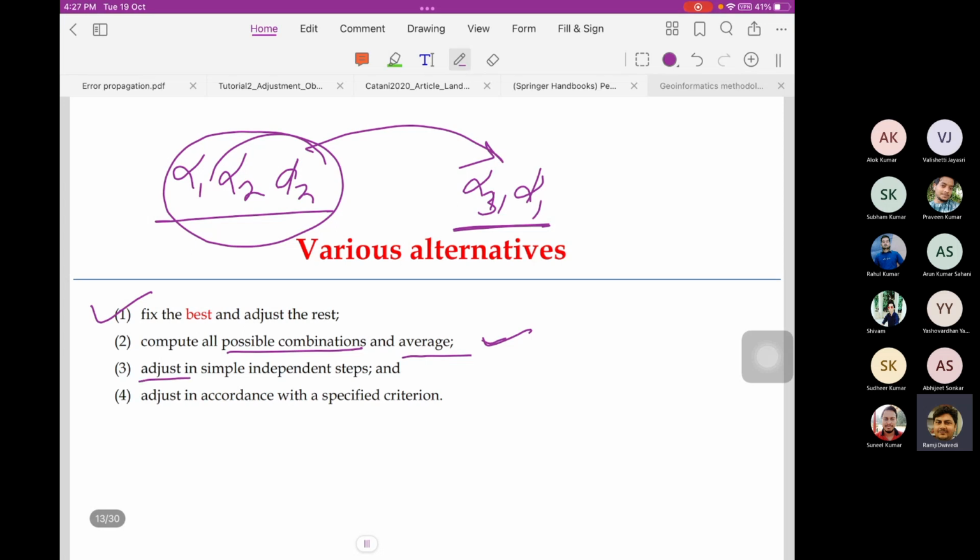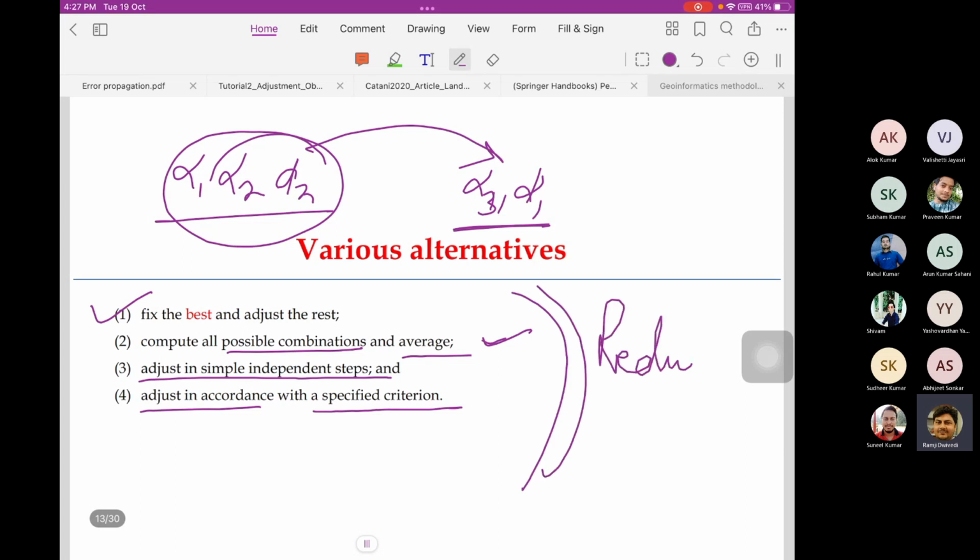Third one is adjust in simple independent steps, which we'll discuss. And fourth one is adjust in accordance with a specified criteria. Still redundancy is there in the solution, isn't it? Even adjustment itself is providing redundancy. Which way to go?